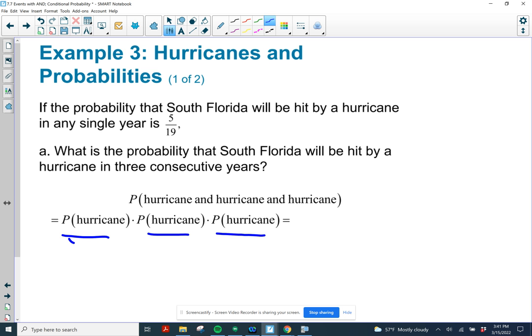So that's going to be 5 over 19 times another 5 over 19 times another 5 over 19.